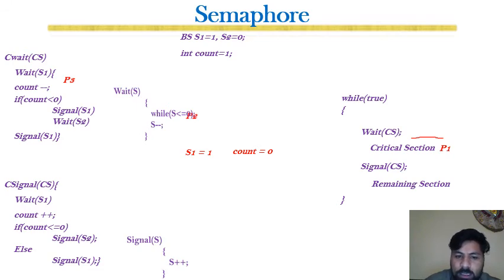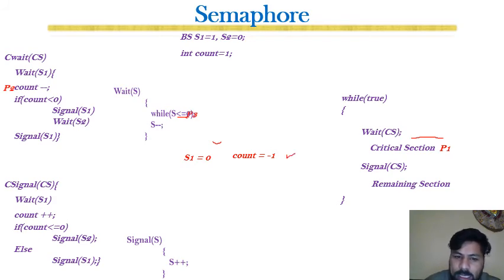So it checks whether S1's value is less than or equal to 0. No, its value is 1, so its value will be decremented and S1's value will become 0. And at this moment P3 also enters, but P2 returns to count minus minus. It will decrement the value of count that was previously 0 and now it is minus 1.